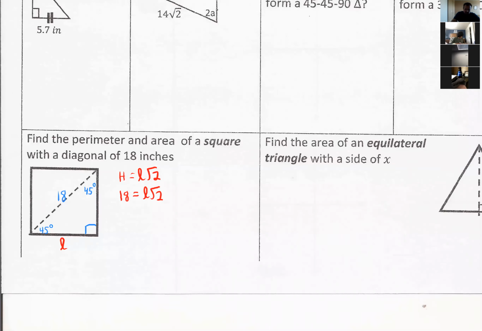To solve for L, I'm going to divide both sides by square root of 2. So I'm going to multiply the top and the bottom by square root of 2 to simplify this. It could make it easier to work with. So you get 18 radical 2 over 2, and this simplifies to 9 radical 2.